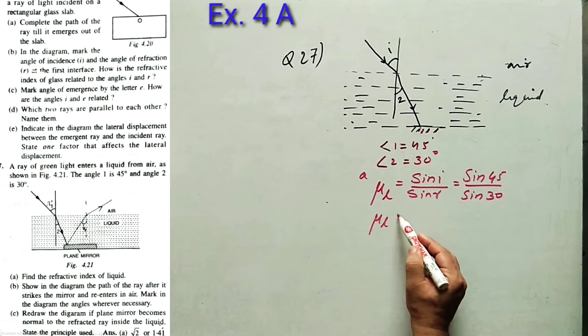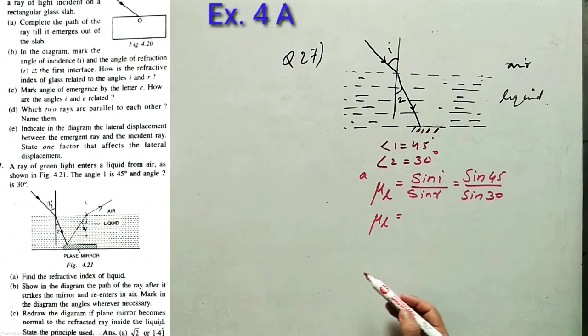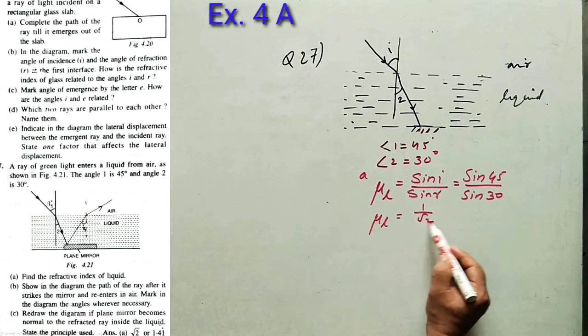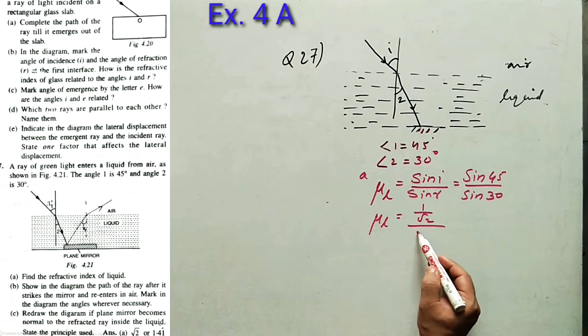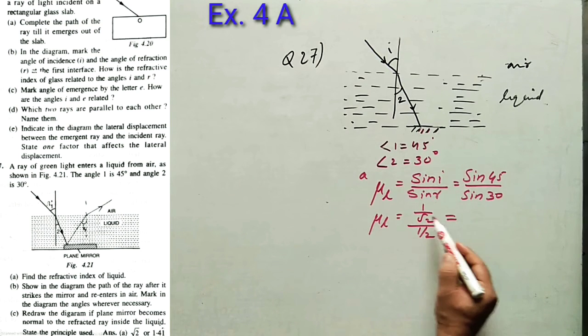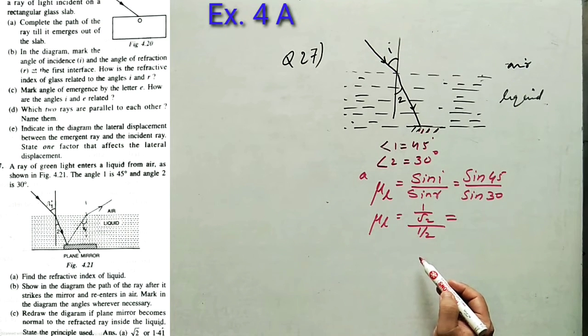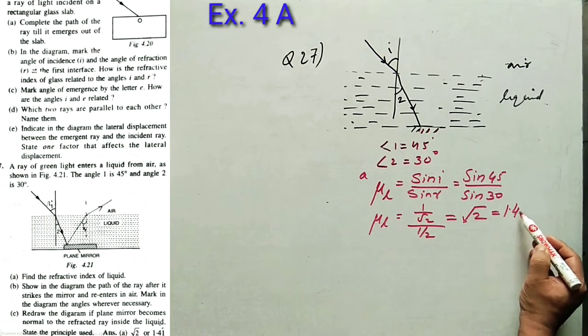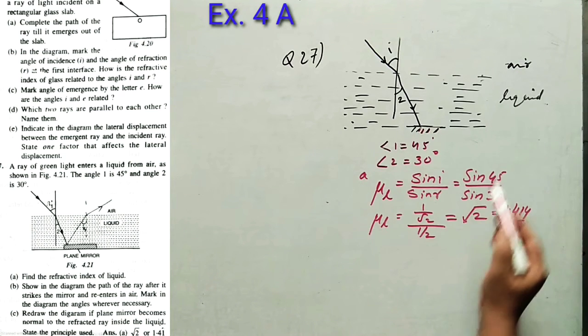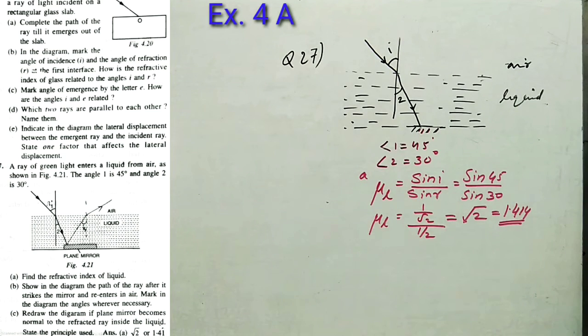From the logarithmic table we are getting the value of sine 45 as 1 by root 2 divided by sine 30, it is 1 by 2. So 1 by root 2 divided by 1 by 2 comes out as root 2. Clear? So what's the value of root 2? 1.414. So that's the refractive index of the liquid with respect to air. So that part is over.